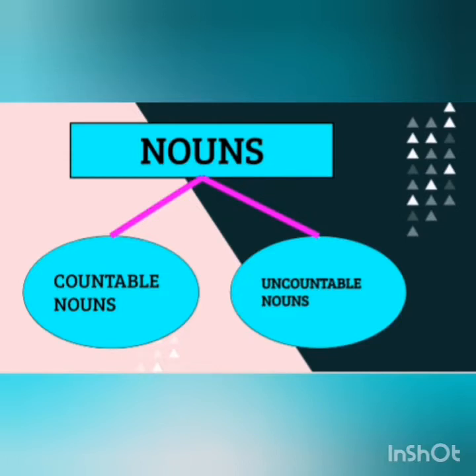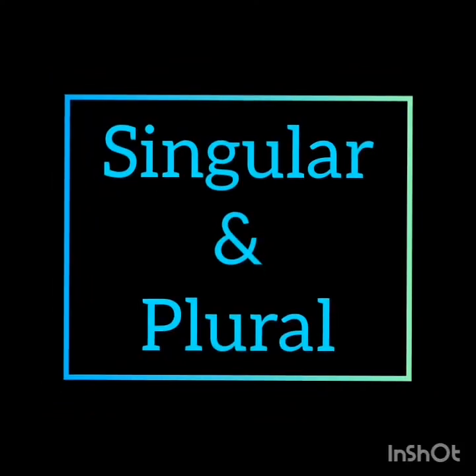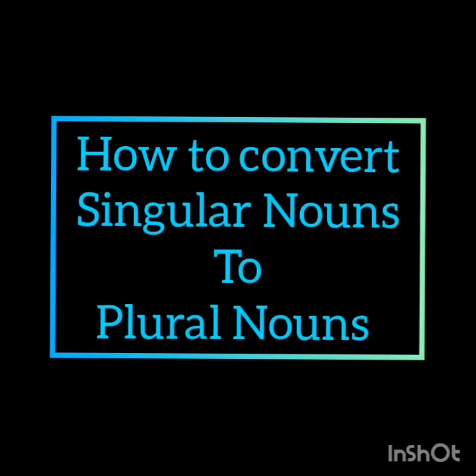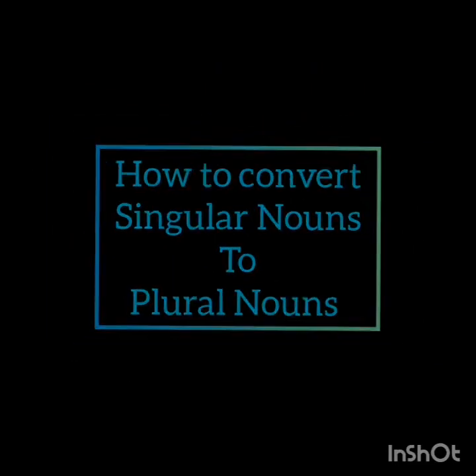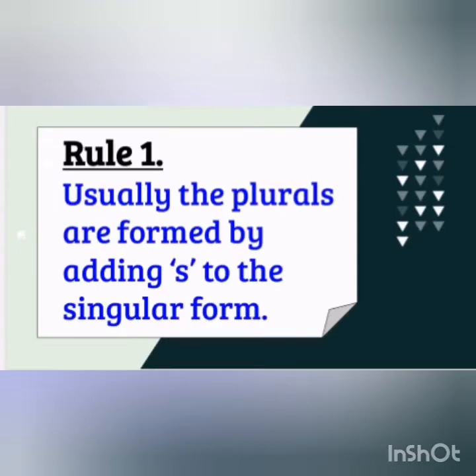So in nouns, as we know, countable nouns can be singular or plural. In this chapter I will explain how to convert singular nouns into plural nouns. See, the first rule says that usually the plurals are formed by adding s to the singular form. This we all know.